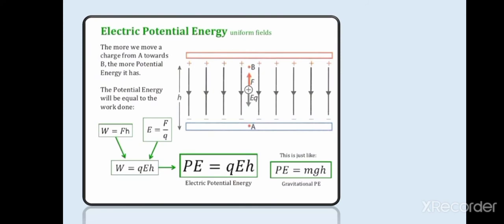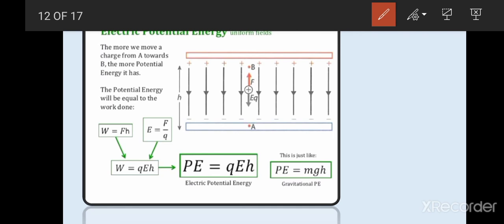Electric potential energy for uniform fields. How can it be defined? The more we move a charge from A towards B, the more potential energy it has, as we are taking the charged particle from lower potential to higher potential.